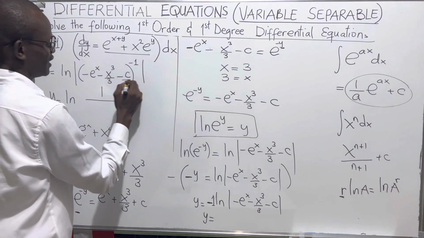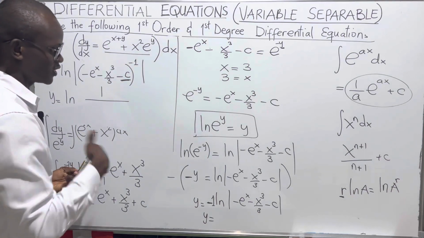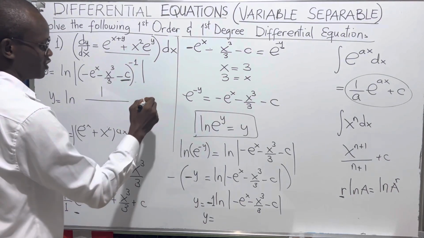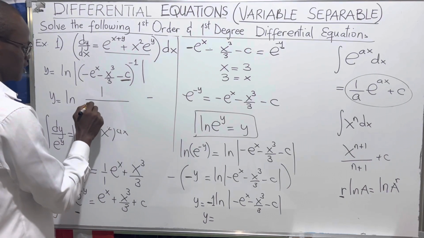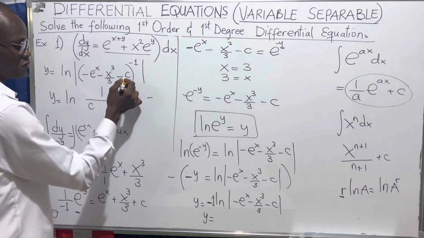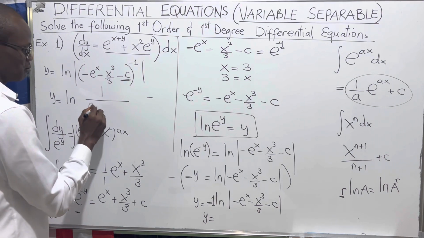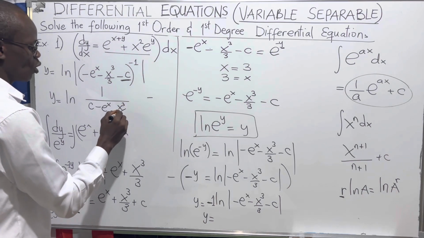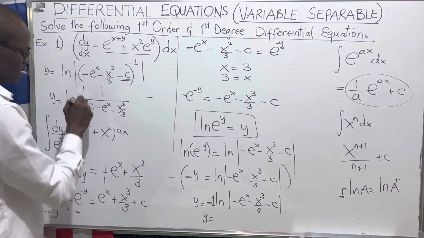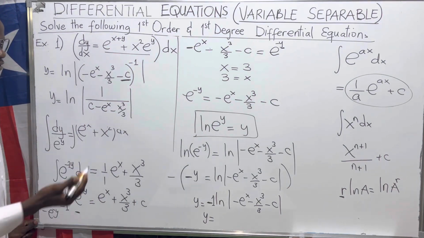Now, this negative c, we told you the constant is just a constant. So without negative c, positive c is just c. So we can rewrite the c as positive c. Since it is positive now, I want to bring it first. So I write positive c minus e raised to the power x minus x cubed all over 3 is our final answer.